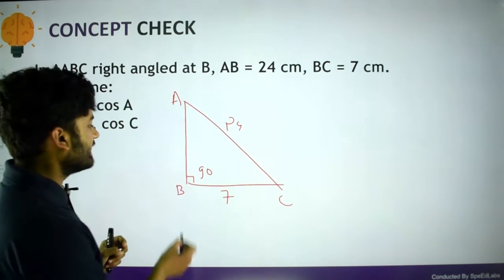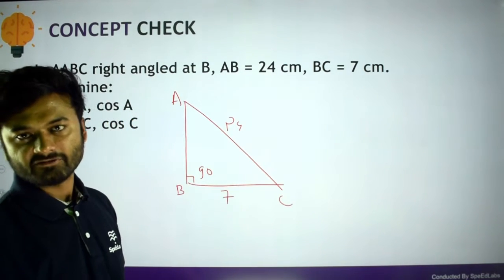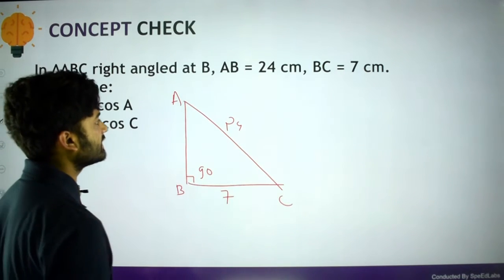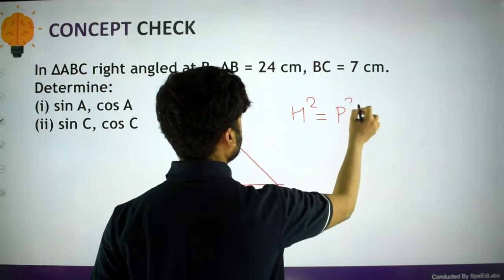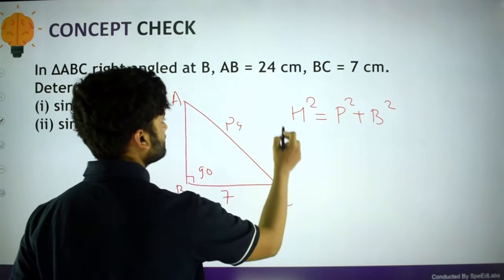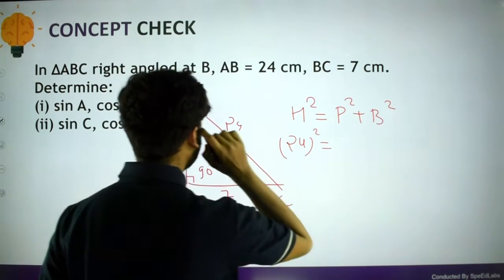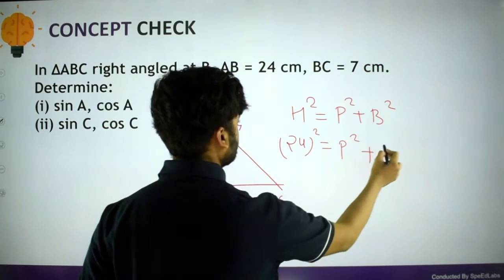Now it is a right angle triangle, so we can easily apply the Pythagoras theorem. What is the Pythagoras theorem? h square is equal to p square plus b square. Here the hypotenuse is 24, so 24 square is equal to p square, the perpendicular, which we don't know and need to find, plus the base, which is given, 7 square.